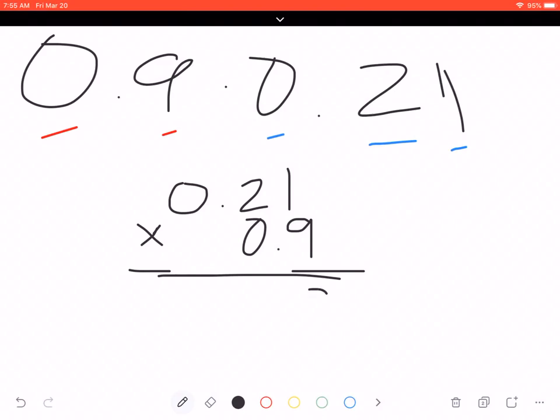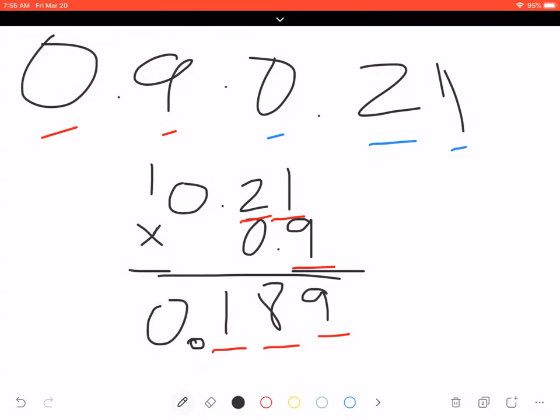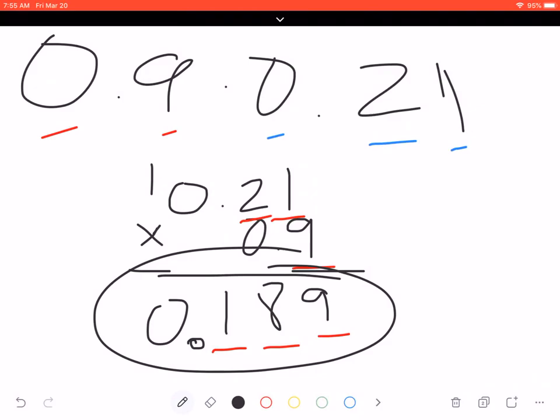So 9 times 1 is 9, 9 times 2 is 18, carry the 1, 9 times 0 is 0, plus 1 is 1, right? And then the trick is to count how many from both numbers are to the right of the decimal. So 9/10 has 1 and 21/100 has 2, so that tells me that I'm going to have 1, 2, 3 behind the decimal, and there's my same answer, 189 thousandths.